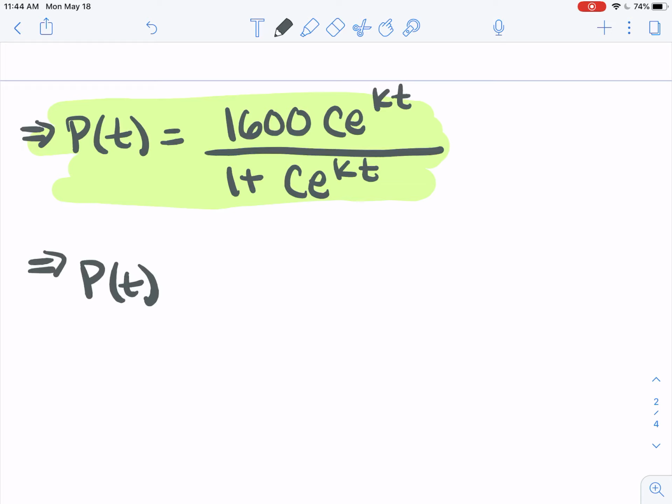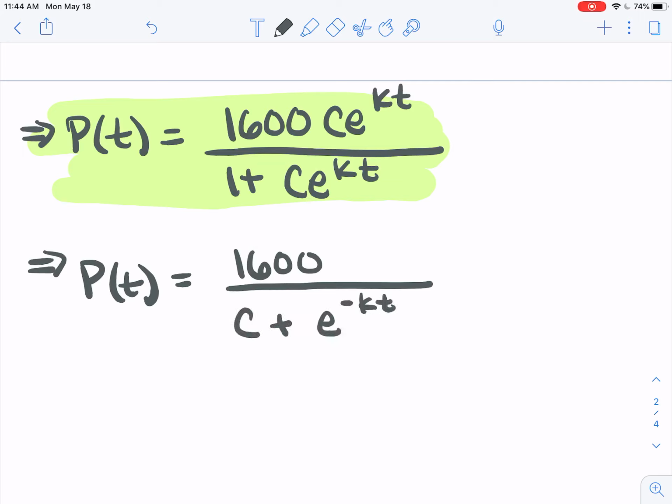They'll often factor out an e to the kt out of the terms in the denominator, and that gives 1,600 divided by c plus e to the minus kt. Another way of thinking about that is just divide the numerator and the denominator by e to the kt. Then some e to the kts cancel out and we get an e to the minus kt.